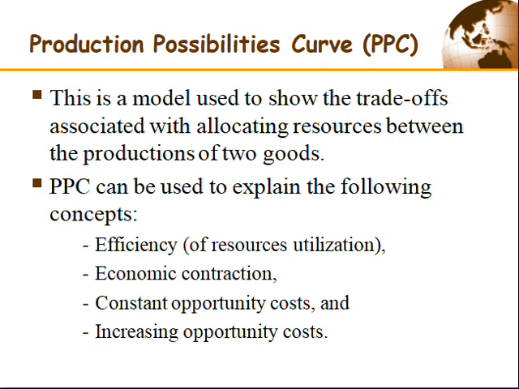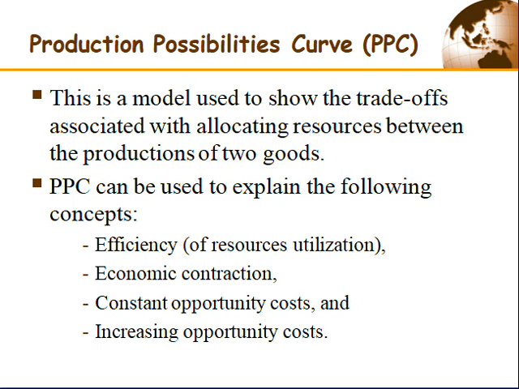This is a model that is used to show the trade-off associated with allocating resources between two goods. If, for instance, you want to produce a table and a chair, these are two different goods. How you allocate resources to the production of these two goods is what the production possibility curve captures.